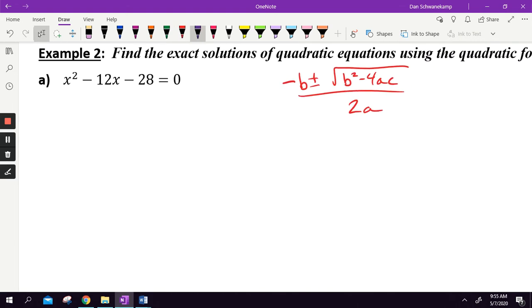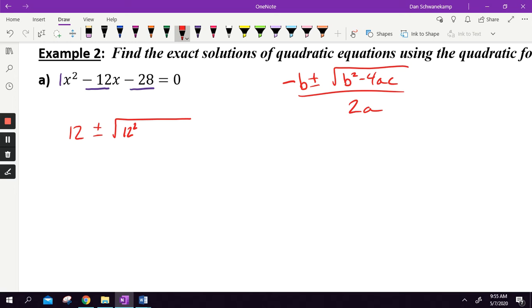All right, let's set it up. So my a is 1, my b is negative 12, my c is negative 28. So negative b, so negative 12 would be positive 12, plus or minus the square root of b squared, so negative 12 squared. Often when I square something, I don't even write the negative sign here, because if I square it, it's automatically going to be positive.